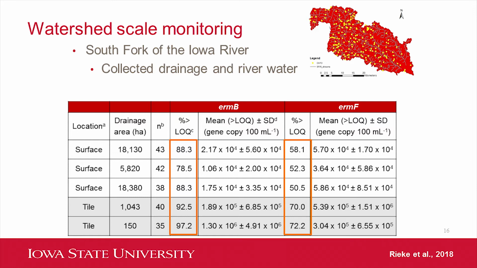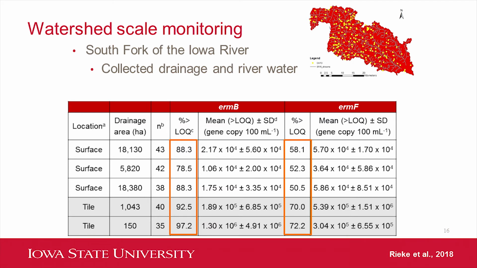With almost any other pollutant, you would expect to see higher concentrations in surface runoff, so in a surface-driven system than in a subsurface system. Usually you see a lot of filtration that takes place as the water moves through the soil profile, except for nitrate, of course. But in this case, it was very interesting.